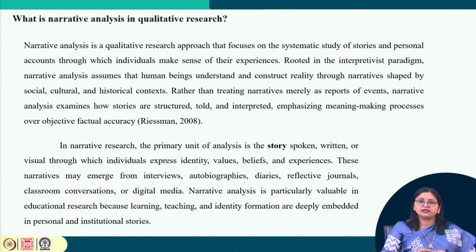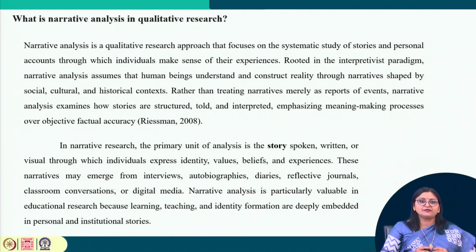The story is spoken in the form of written or visuals or movies through which individuals express their identity, values, beliefs and experiences. So, when you are just listening to how's the Josh, then definitely you are expressing your belief or your experience towards this phrase.